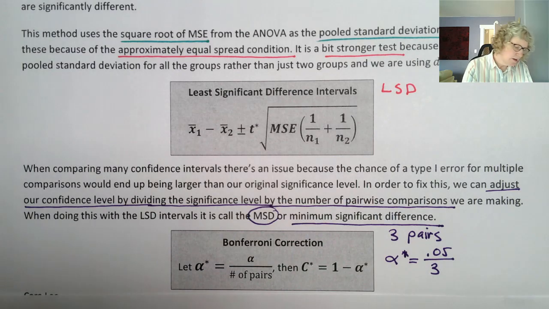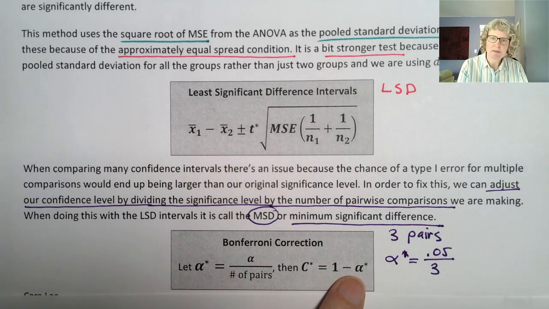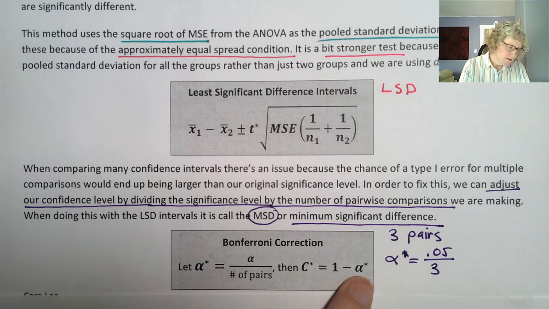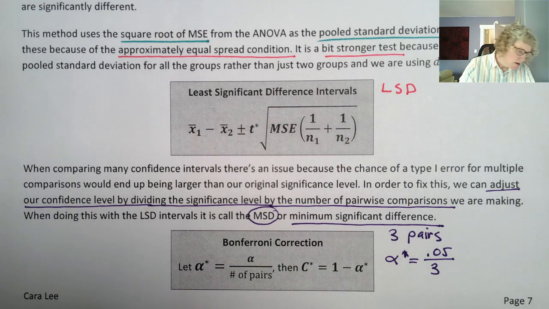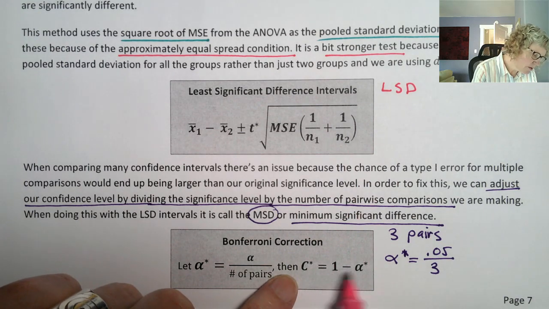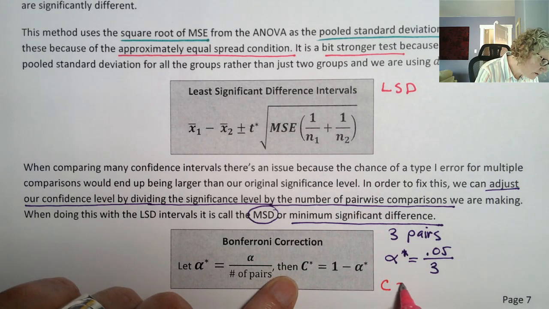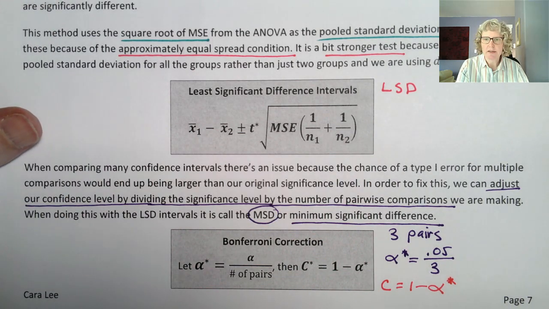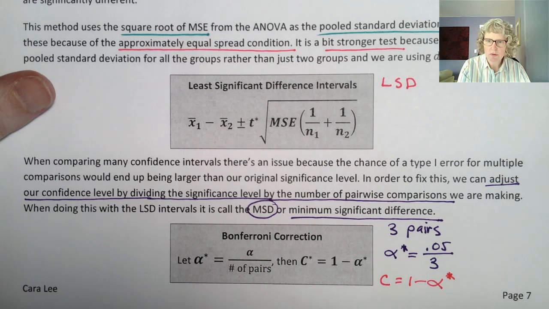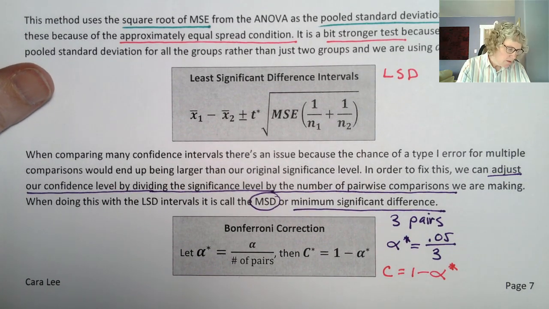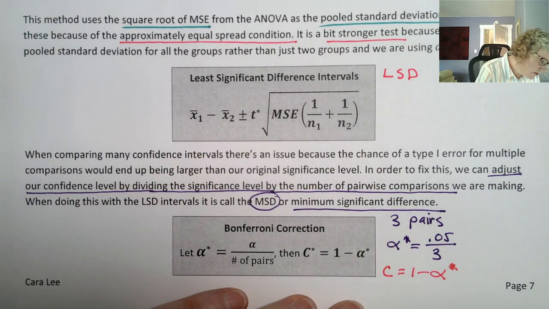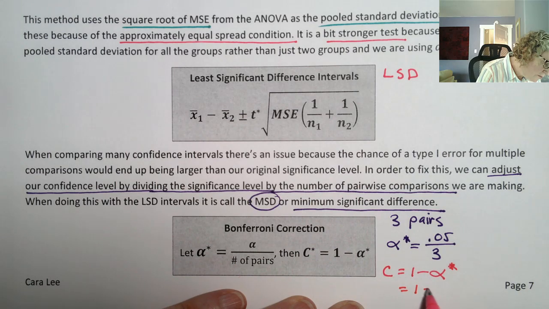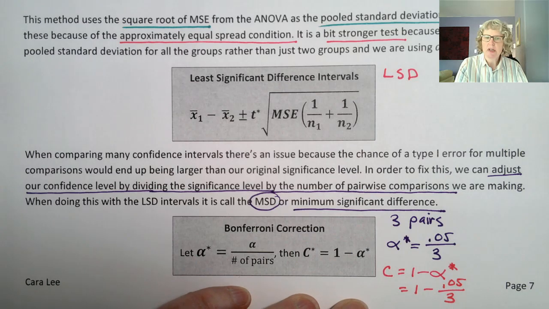And then I'm actually not going to divide because I'll get a repeating decimal. So I'm going to go ahead and do my C star. The confidence level, just like you're used to, is 1 minus alpha. And I'm using that because there is only one tail on this test. There's not another tail to combine. So I'm going to do C equals 1 minus 0.05 divided by 3. Okay.